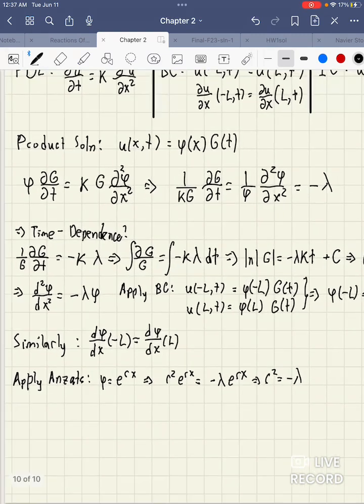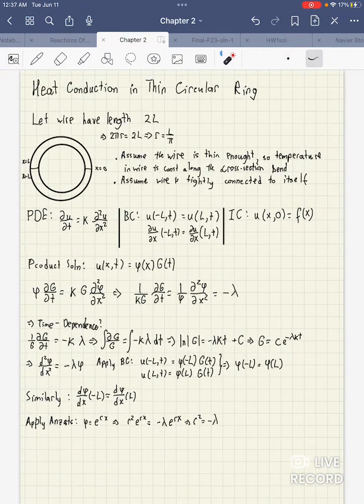The main reason is that, as you realize, our heat is flowing around this thin wire, so anytime it crosses this point, it's going to get the same change in u over change in x.